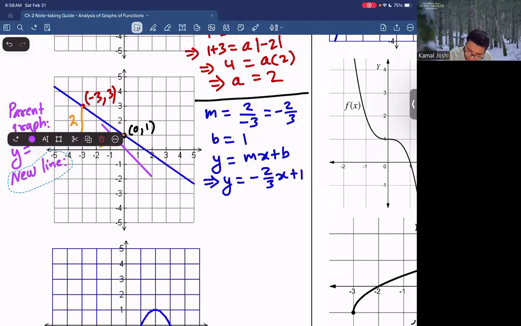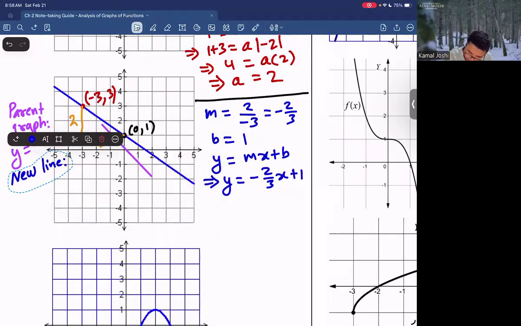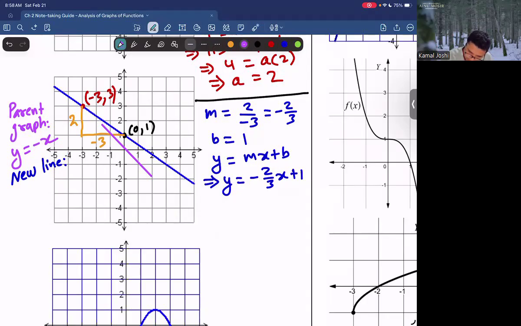The new line is in blue color, right? If you look at the new line, it's y = -x + 1, right? 1 unit up. But you see that it is not just shifted up. Some kind of transformation has taken place because they are not parallel, right? If it was still just -x, they would have been parallel.